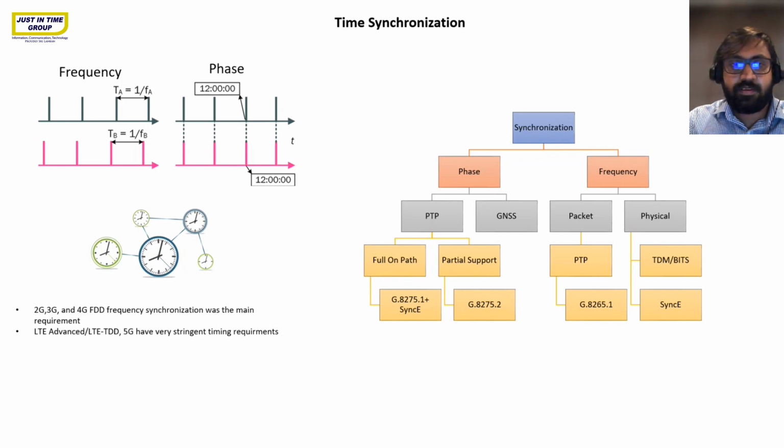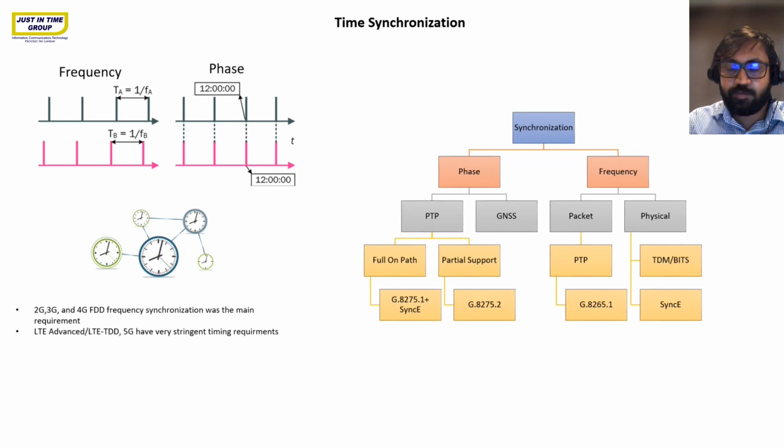This is sort of an introduction into time and synchronization, before I dive into what the requirements in 5G are from a synchronization perspective. So in synchronization, you can take phase and frequency. Then there are ways that you can distribute phase information. One is through PTP, a protocol defined by IEEE. The latest iteration of PTP is IEEE 1588-2008.